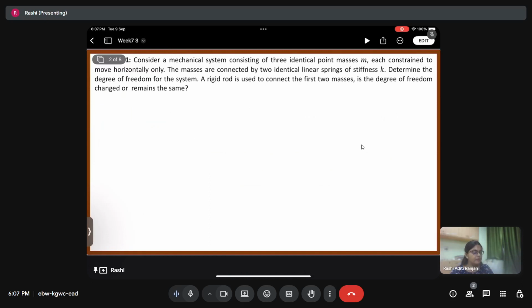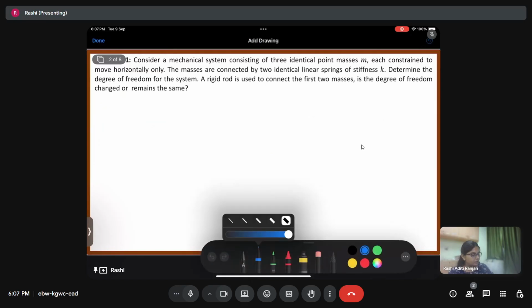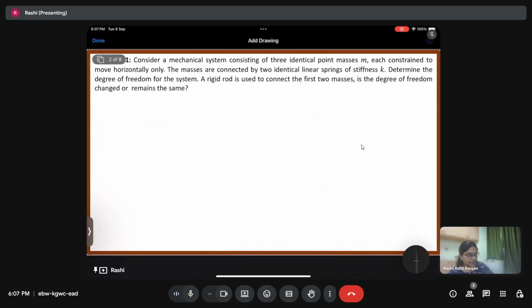For example, if you remember, we had a cantilever beam with a force applied on it, and it was bending.